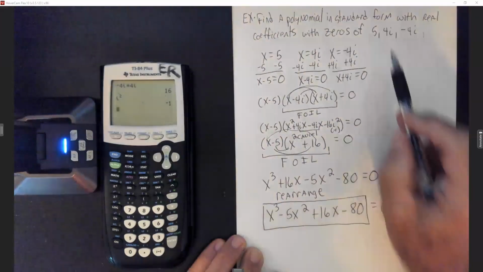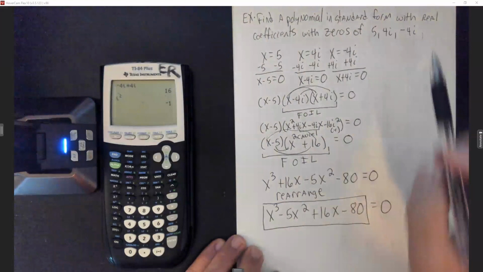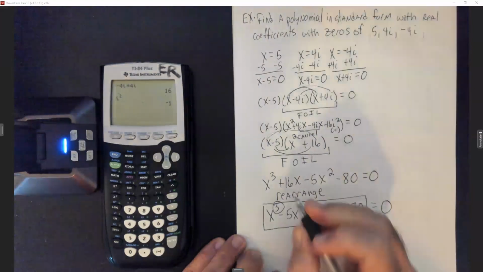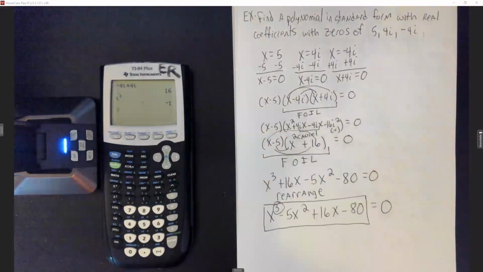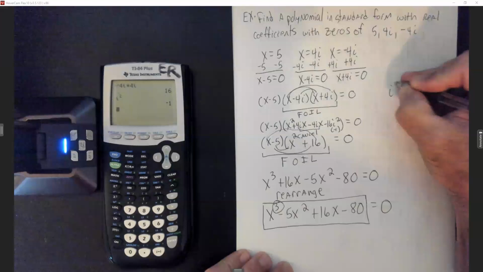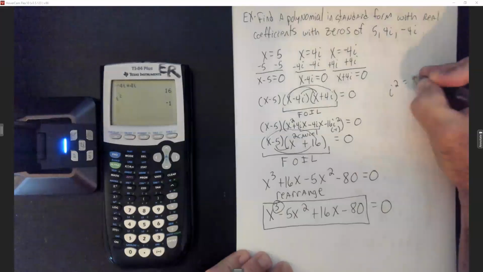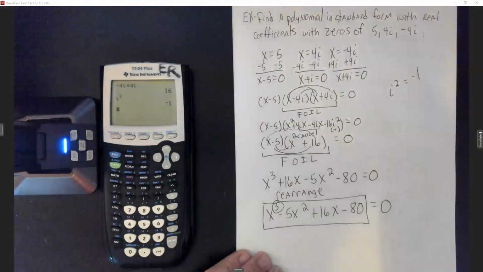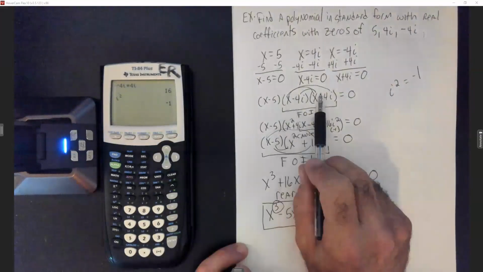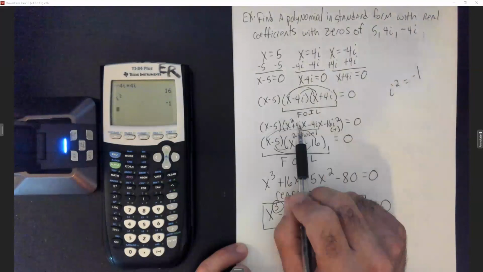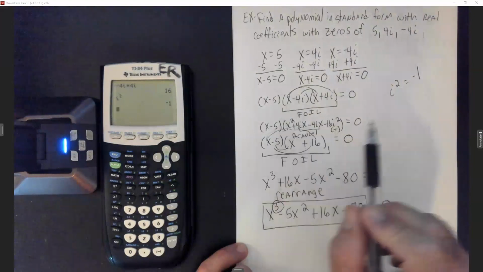And notice I had 3 zeros and my highest exponent was a 3. So y'all just remember, anytime you get an i squared, you got to replace that with a negative 1, okay? And when you FOIL imaginaries, they will always cancel the imaginary part so that all you end up with is real numbers, okay?